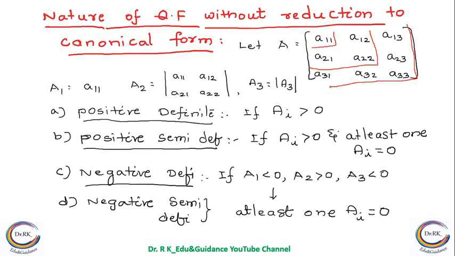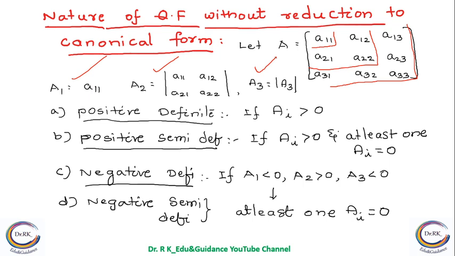Based on the nature of these determinants we can say the nature of the quadratic form. Here the first determinant A1 is only a11, the second A2 is the second leading determinant, and the third leading determinant in this case is the determinant itself. If it is 5 by 5, we continue with first, second, third, fourth, like this.